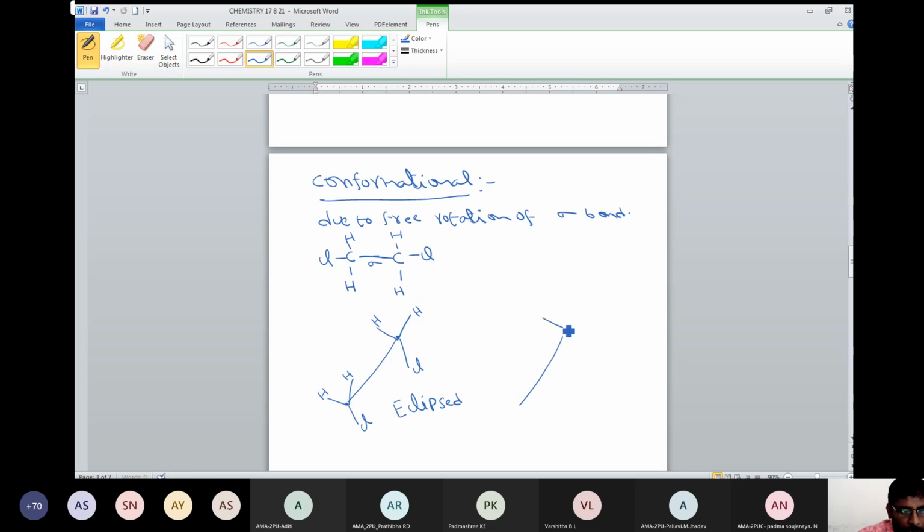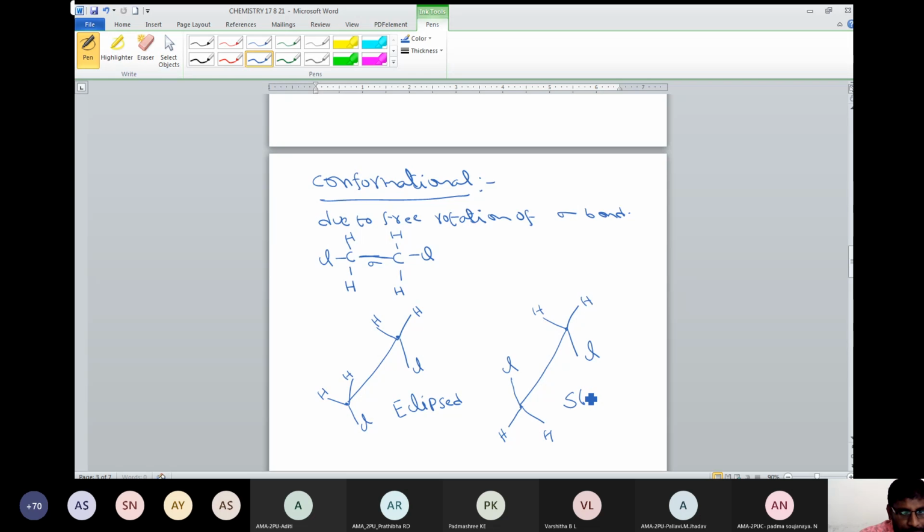If here I am writing Y and here I am writing inverted Y, with two hydrogens placed here and the Cl atom, and placing the Cl atom here with hydrogen, hydrogen. When one is Y and one is inverted Y, then it is called what?